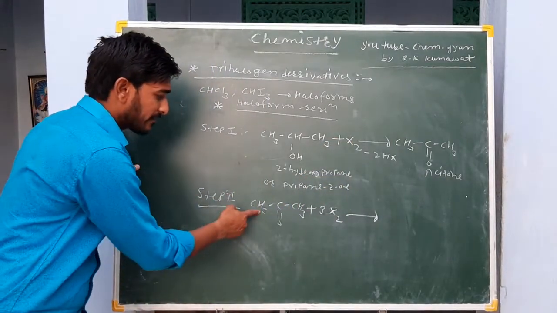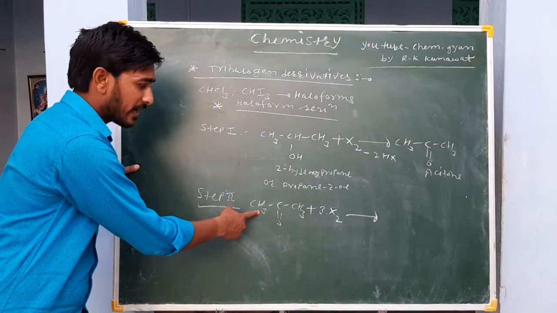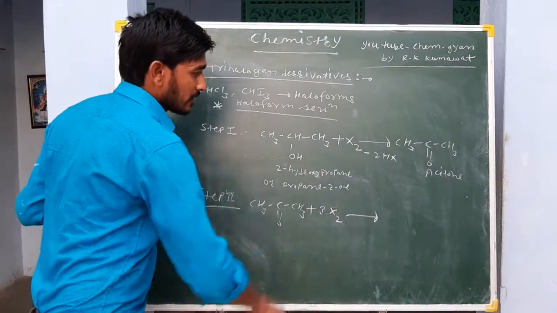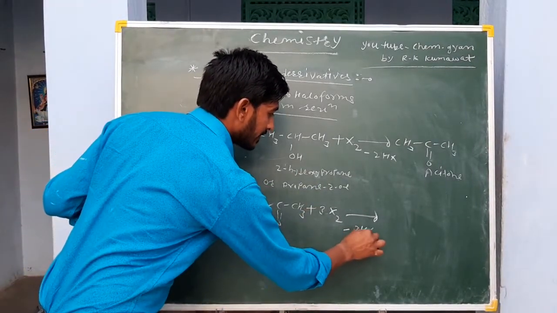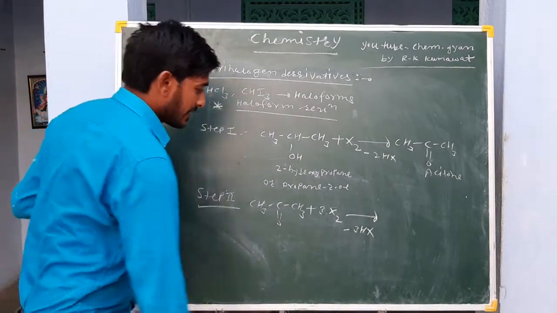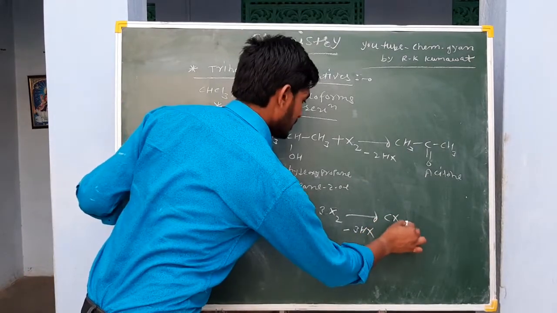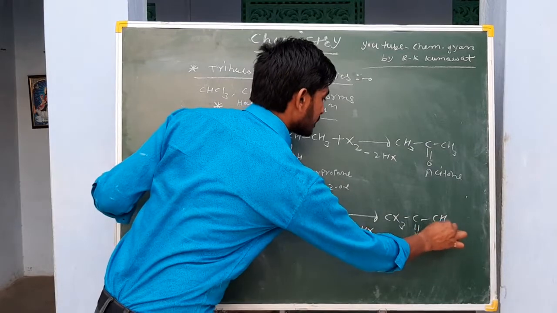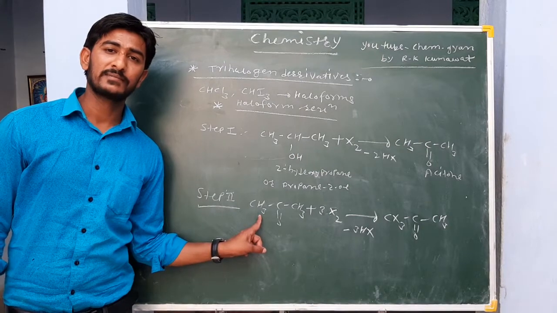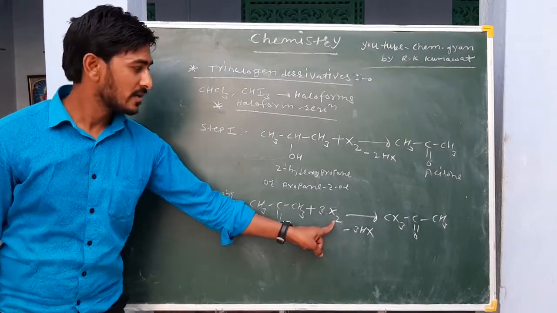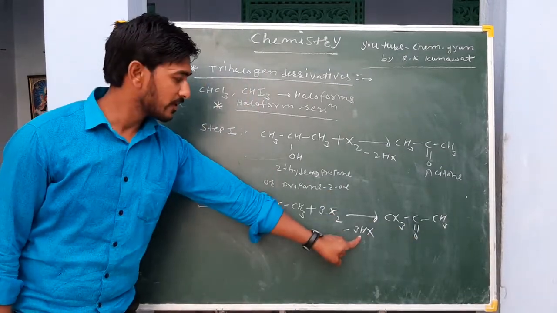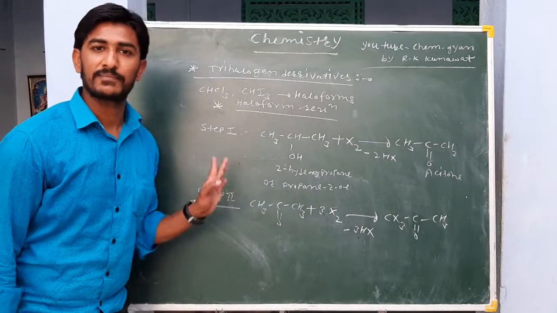Halogen atoms replace hydrogen atoms; 3 hydrogen atoms are replaced by 3 halogen atoms. 3 molecules of hydrogen halide are removed in this reaction, and the product formed is trihaloacetone.